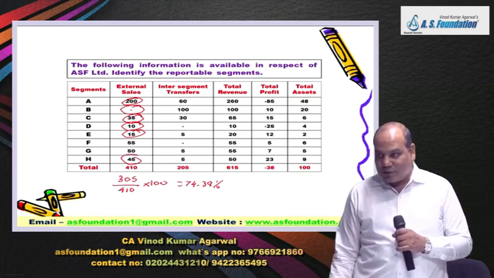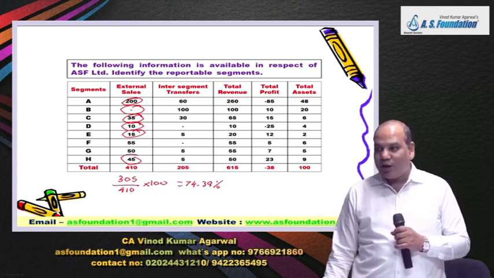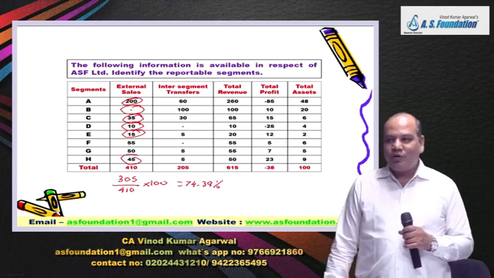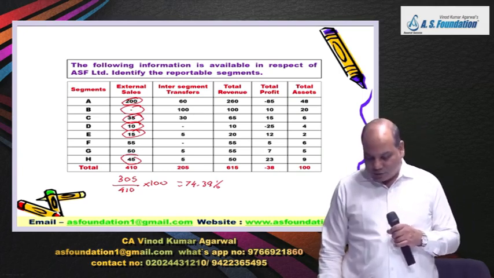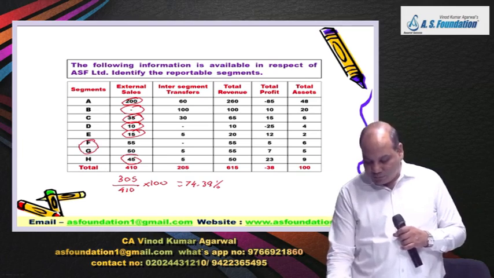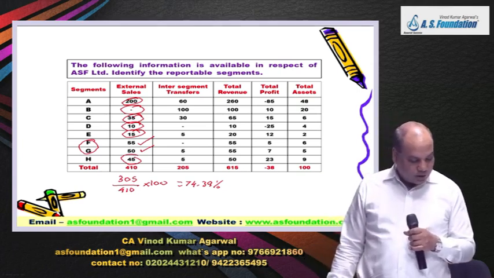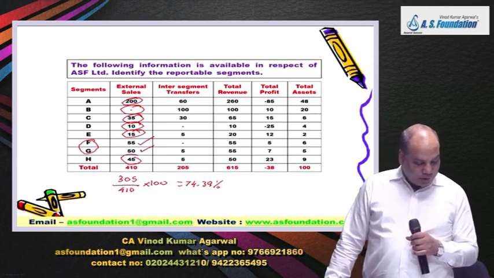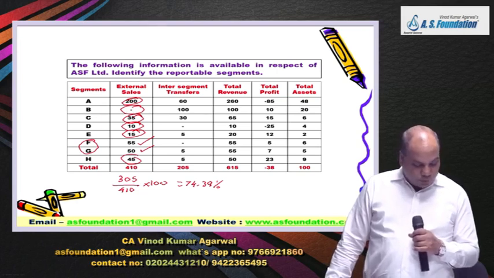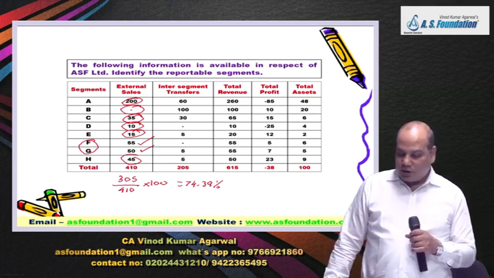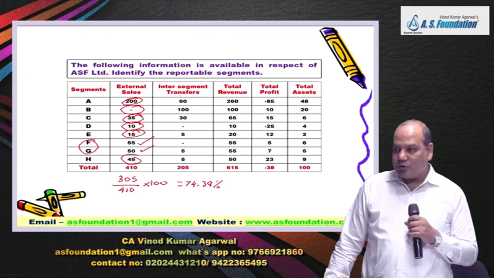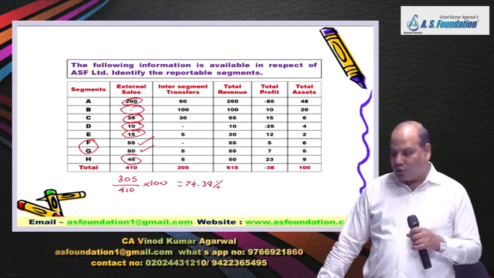It is less than 75%. So what you'll have to do is add more segments till you reach a minimum 75% external sales. I have 2 more segments left with me. If I add either F or G, we will exceed 75%. So see, in the last line I have written a note: as the external sale of reportable segments is less than 75% of total external sale, the management should identify more segments, either F or G. So either F or G you can identify.